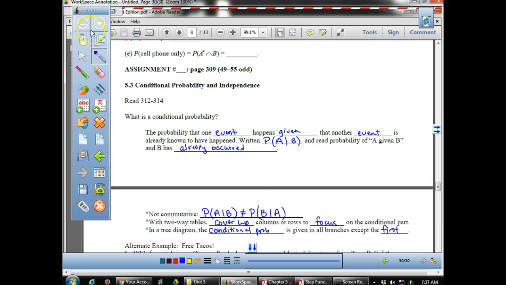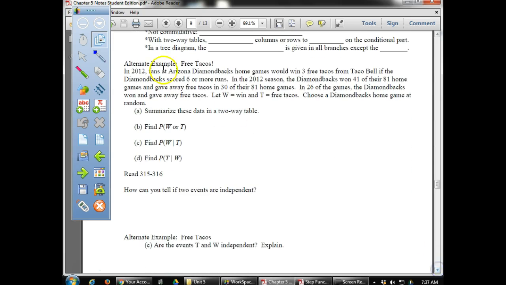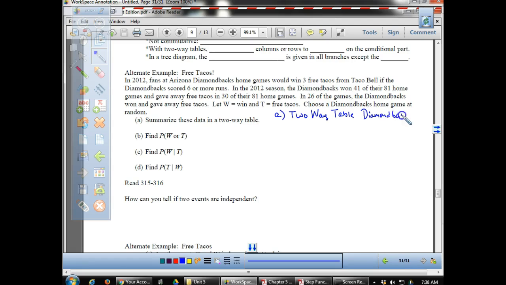Okay, so let's do an example here. Free tacos. So first we're going to summarize the data in a two-way table just to talk about it, and we'll do some conditional probabilities here. So the two-way table, I'll put it over here. We need to give it a heading. And what data we're collecting is winning and free tacos.